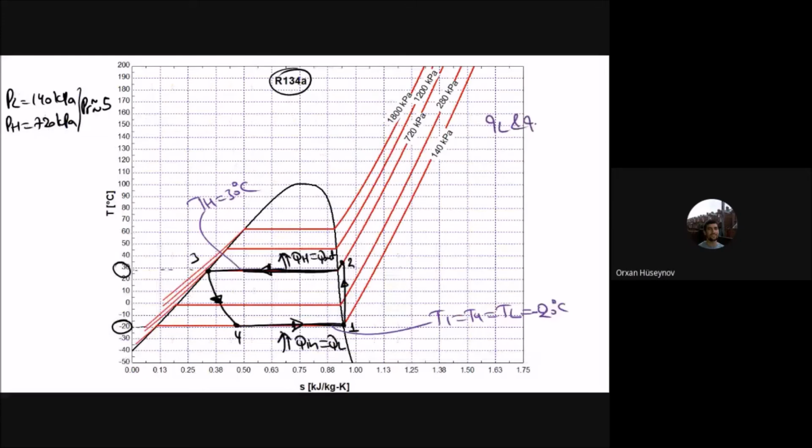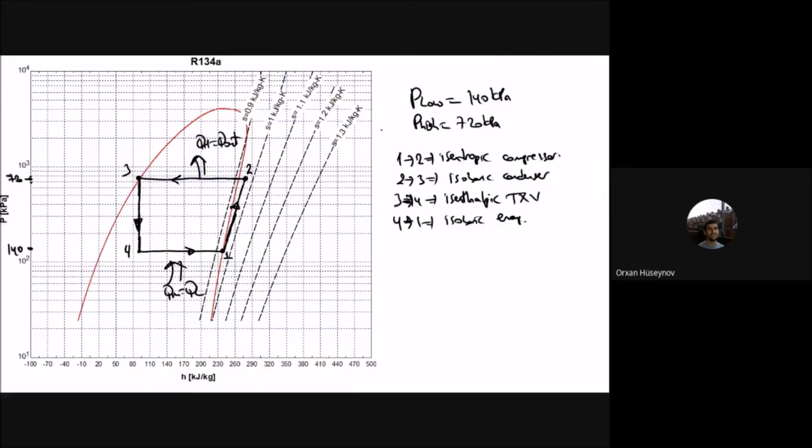And in a phase change, what we are interested in is the enthalpy of vaporization, in other words hfg, or hg minus hf. That is the enthalpy of refrigeration. This enthalpy change during phase change should be very large, so that QL is high and QH is high.